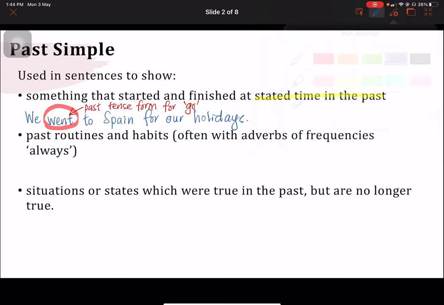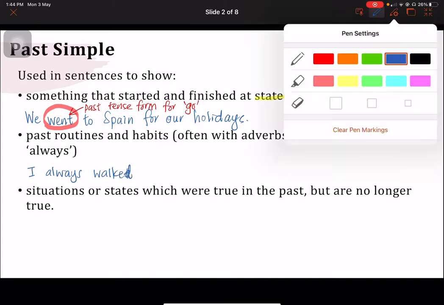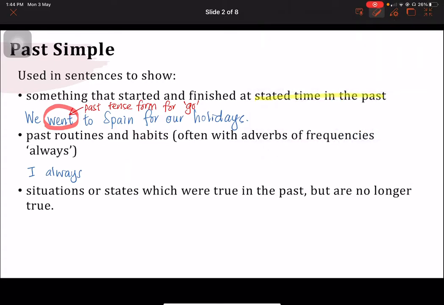Past simple is also used to talk about routines and habits. Or we talk about things that happened before this, and it became something that happened many times in the past. So for example, we say, I always walked to school.